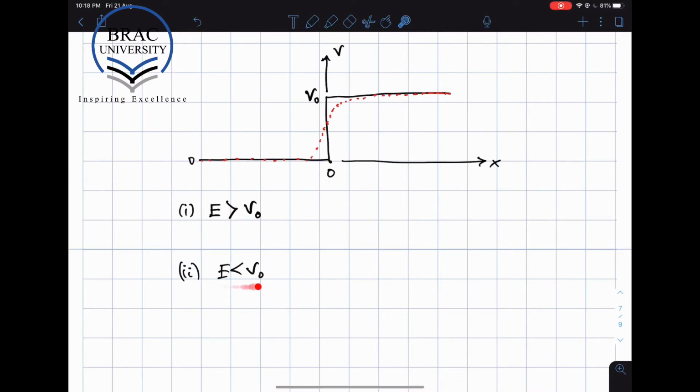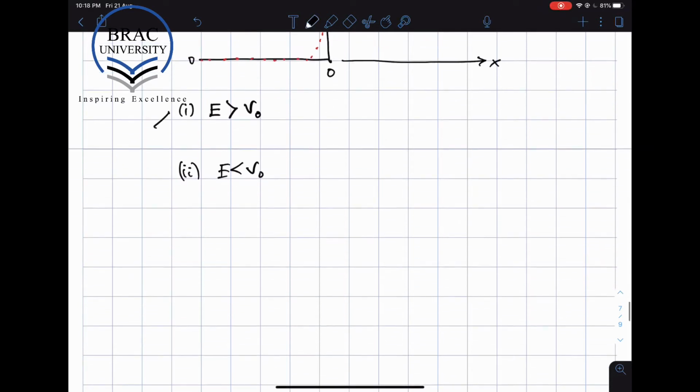So in the second case, we expect the particle to be reflected. However, in quantum mechanics, this is not the case. For definiteness, in this lecture, we are going to consider the first case for quantum mechanics.